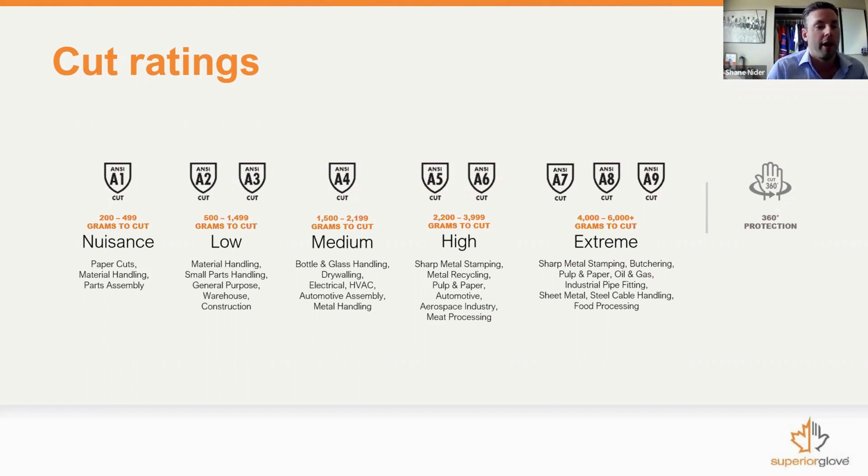We offer products quite deep in all of these categories, whether it's an A1, an A3, an A6, or an A9, and then of course different combinations from a material perspective and product design. The main thing to take away here is it's a graduating scale, so you can align that with your application. As you're graduating up in severity, probability, and intensity of the application, you can align these standards with the performance.